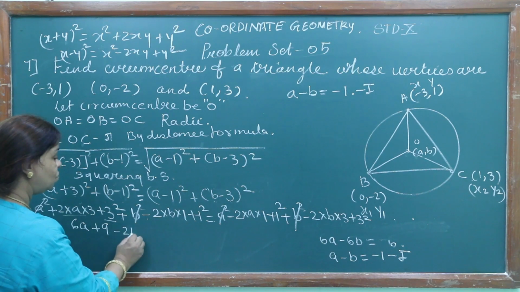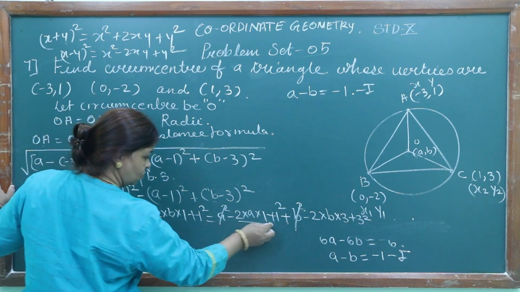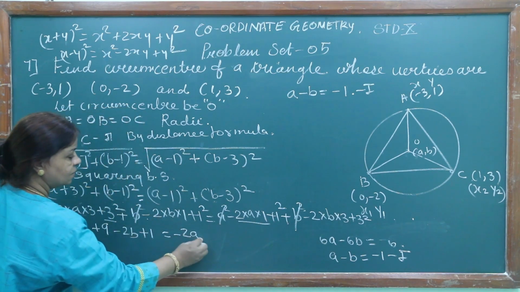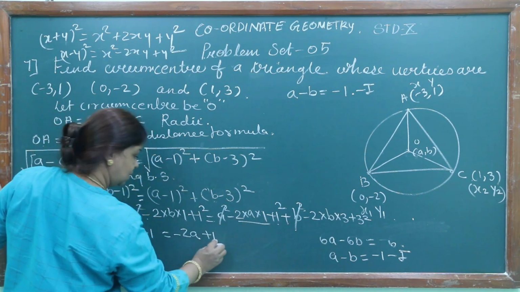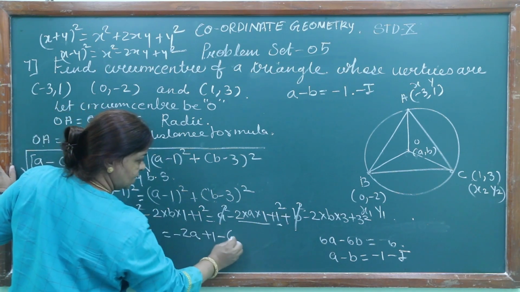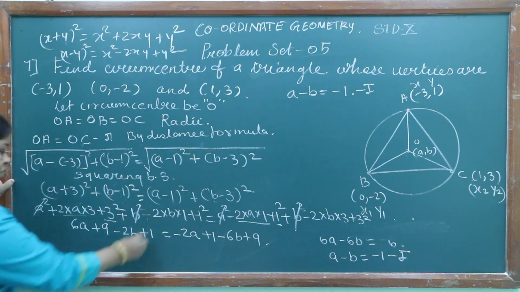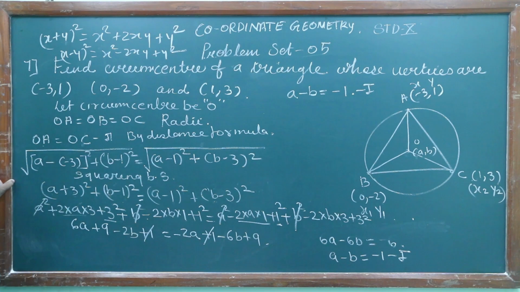2b minus 2b plus 1 is equal to minus 2a plus 1 minus 6b plus 9. Now plus 1 will also get cancelled, children.